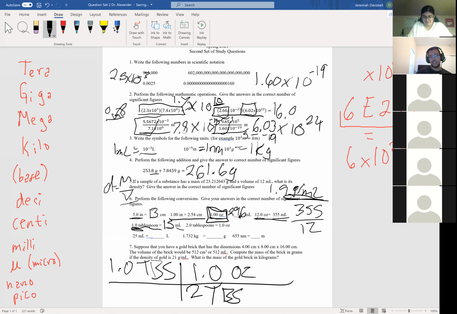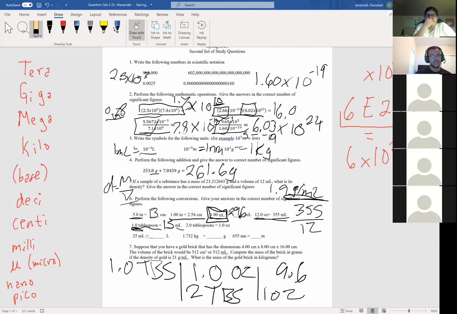And then since we already know how many milliliters are in an ounce, we basically divided the 29.6, let me rewrite that actually, we divided that by 2, to get us our milliliters.